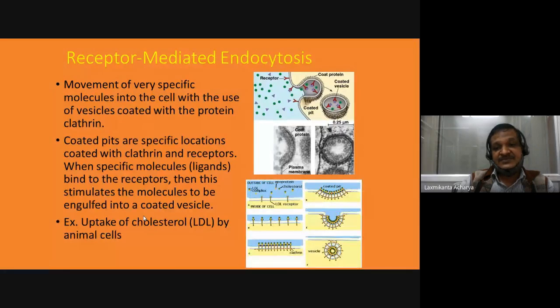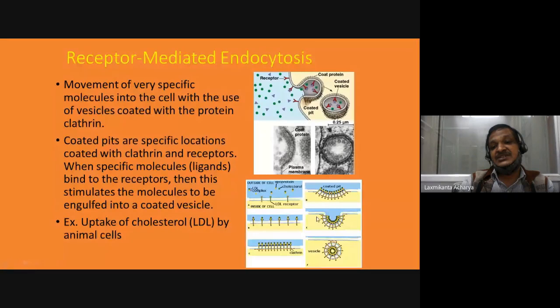See, this is a pit. In the plasma membrane, I told you that all sections of the plasma membrane are not uniform. There are certain thin areas. This is called a pit, and this pit is covered with a protein molecule called clathrin.